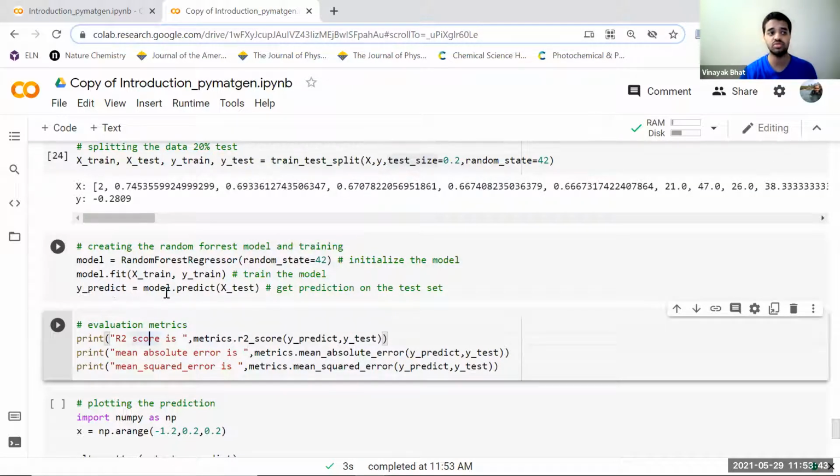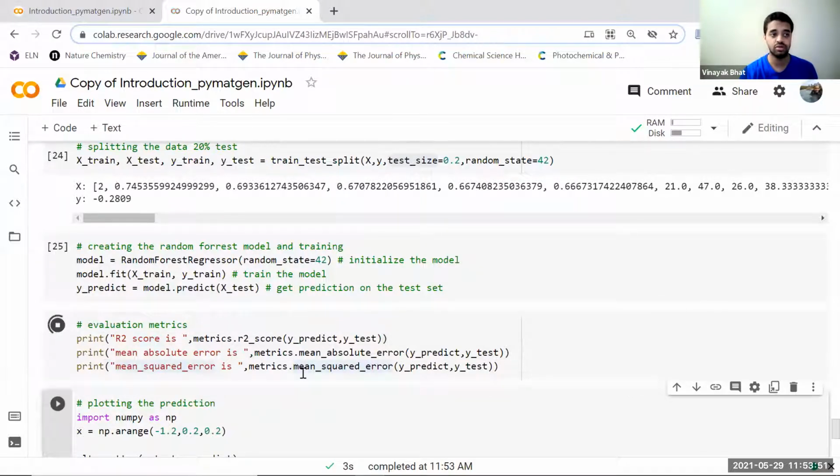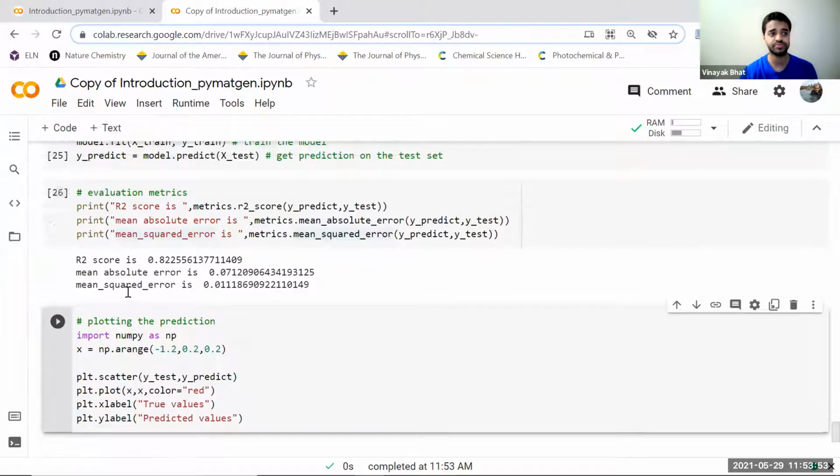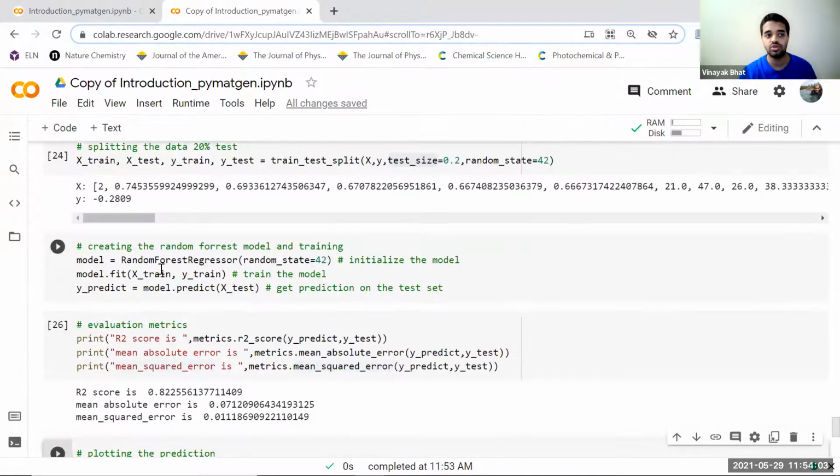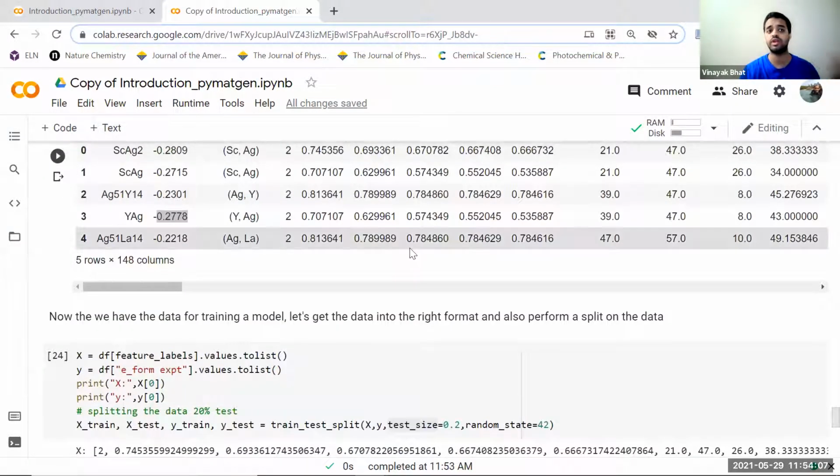We did something similar here in this code to get the predicted values, and we put in predicted and the test values to see how good a relation it is. Look at the R square value, it's 0.82. Not very good, but it's decent, because what we have done is just put in a random forest regression model with some data that we generated.